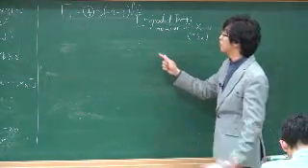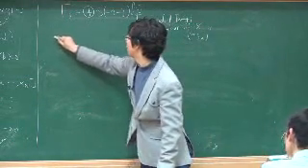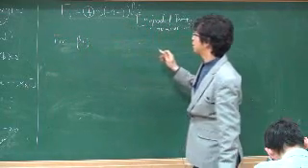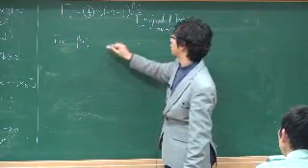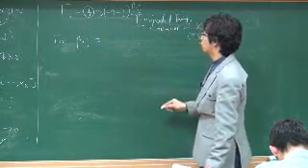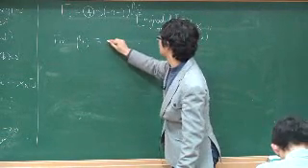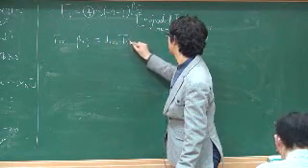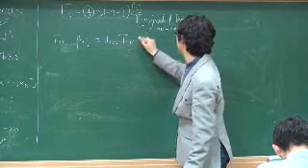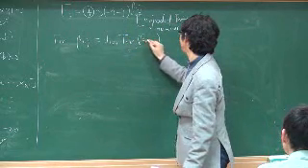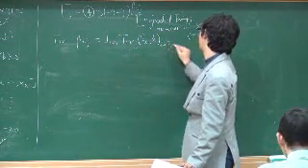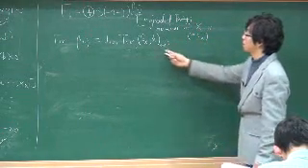For this beta_ij, if we consider the Tor module, then this is equal to the dimension of the Tor_i of the i plus j degree pieces.